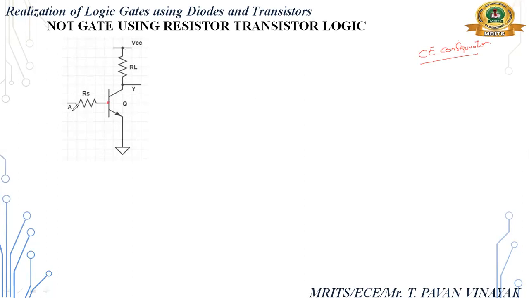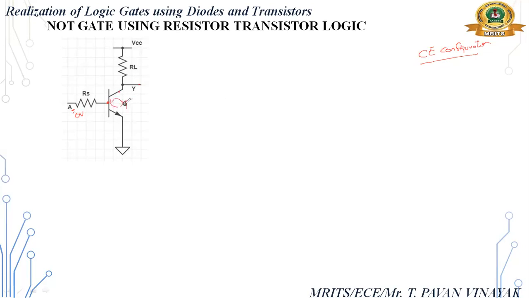Suppose for A, this is input, this is Y. Whenever I give 0 volts, the base junction will not be active, right? So if the base junction is not active, the transistor will be off.